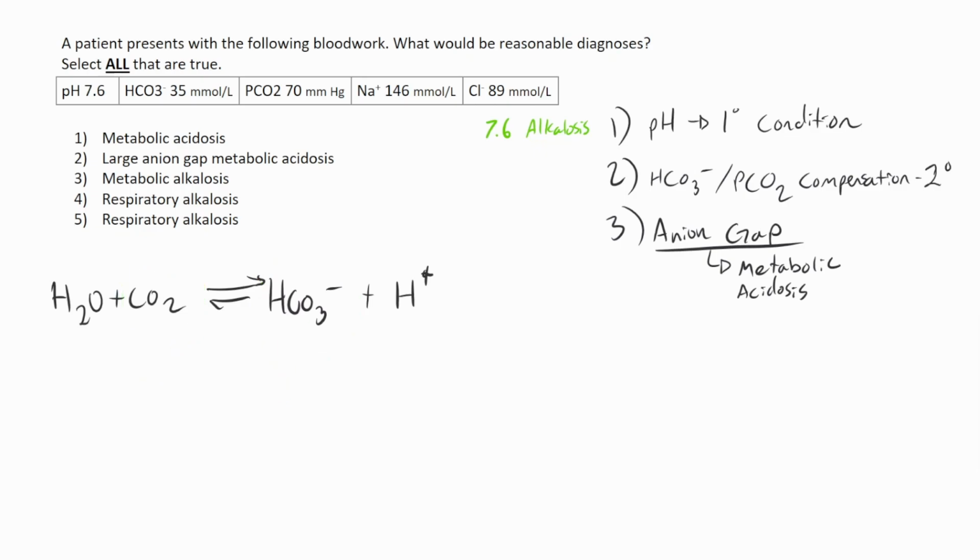Looking at what we have, you'll want to remember these numbers. A normal bicarb is about 24. A normal CO2 is about 40. If we have more bicarb than normal, it's going to drive the reaction this way, and we'll end up with fewer hydrogens. If we have more carbon dioxide than normal, it'll drive the reaction this way, and we'll end up with more hydrogens. Meaning that if we have more bicarb, we'll go alkalotic.